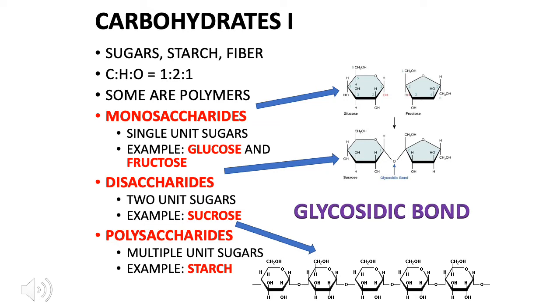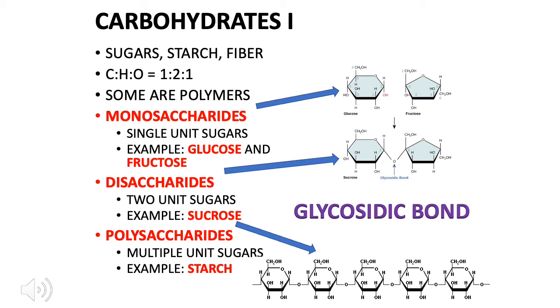I will need you to know a glycosidic bond is a link found between 2 monosaccharides in the construction of a disaccharide, or these are also links found in the construction of a polysaccharide like starch below. So what's a polysaccharide? Well, a polysaccharide would be many monosaccharides linked together into a true polymer.